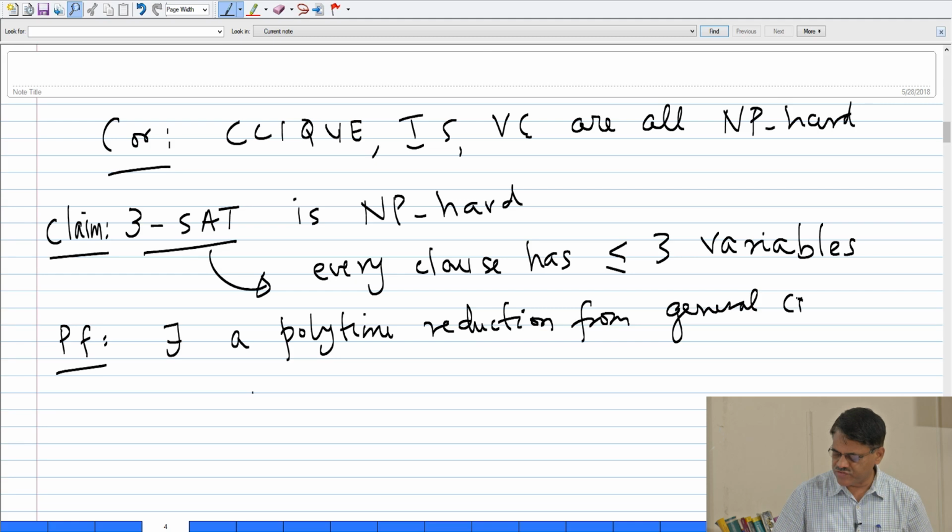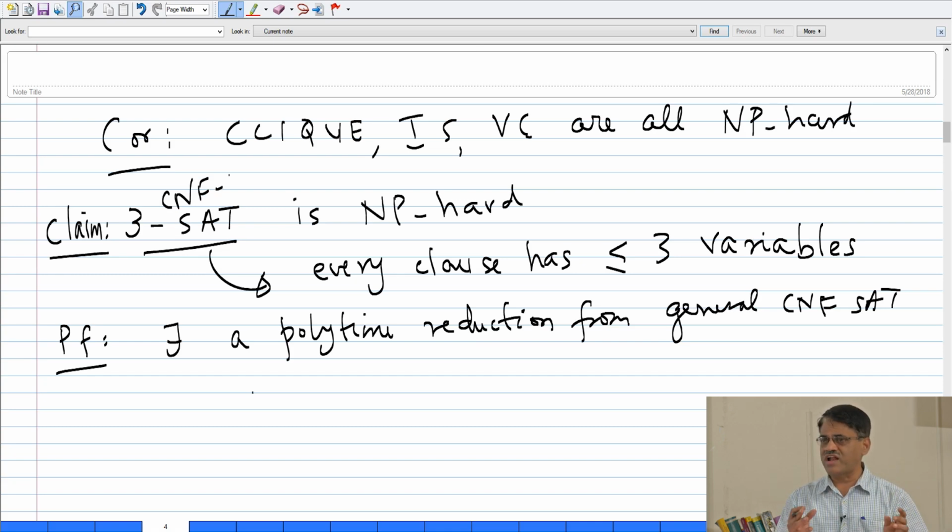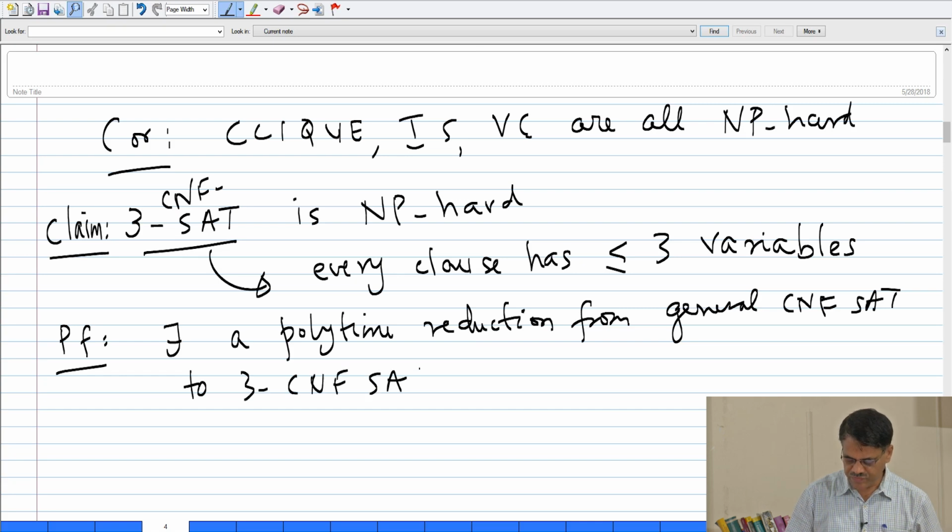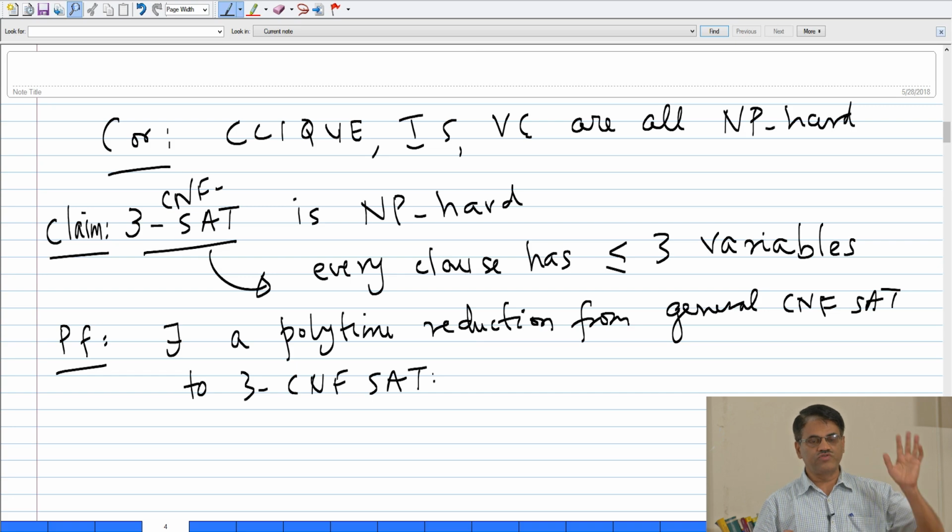We are always talking about CNF SAT, because there are more versions of SAT where you can have all kinds of functions of the 3 variables, but let's restrict to 3 CNF SAT. It's always important to remember the direction of your reduction. You reduce from a known NP hard problem to your current problem. If I show this, then you would have shown that the current problem is NP hard.